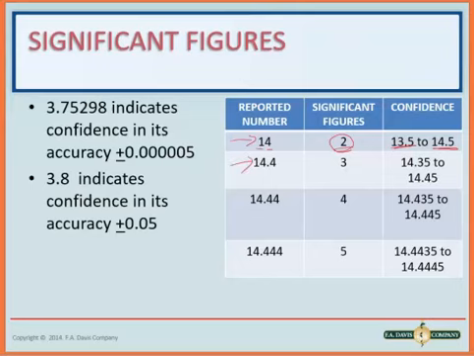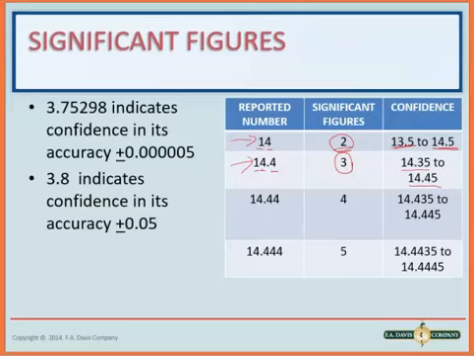Okay, the next example is 14.4. Again, the range of confidence is a half a step below and a half a step above. So your range of confidence is 14.35 to 14.45. The actual number of significant figures is 3 because the 1 is significant, the 4 is significant, and the second 4 is significant.